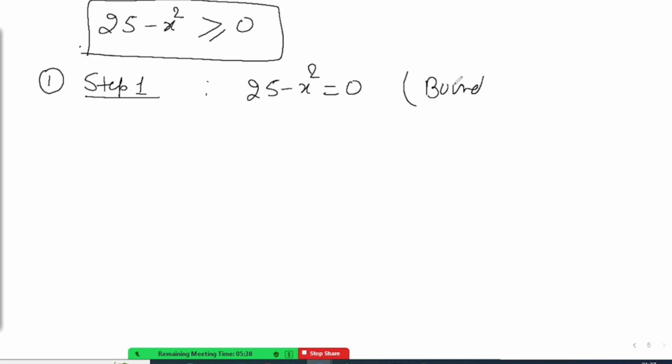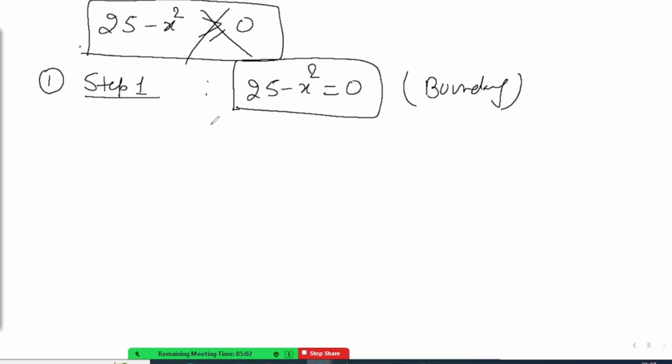Any expression will be positive or negative, it will be decided by where it is equal to 0. One side it will be positive, other side it will be negative. So the first step is ignore the inequality sign. Whether you want greater than or equal to 0 or less than or equal to 0, it doesn't matter. First solve for equals to 0.